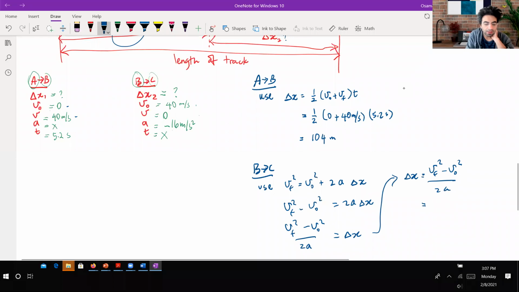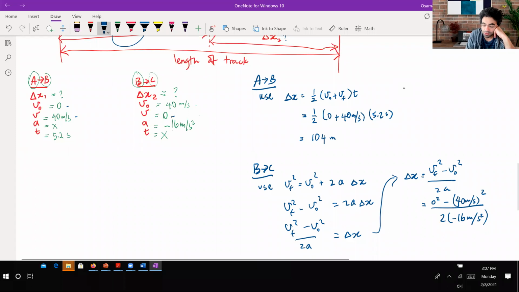Final velocity is 0. The initial velocity is 40. And when I square that, 40 squared becomes 1600. And then divided by twice the acceleration.